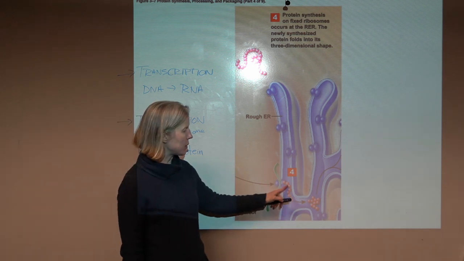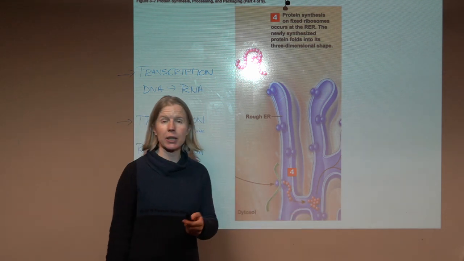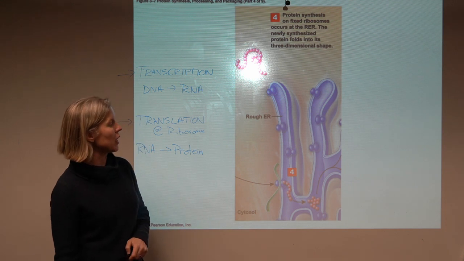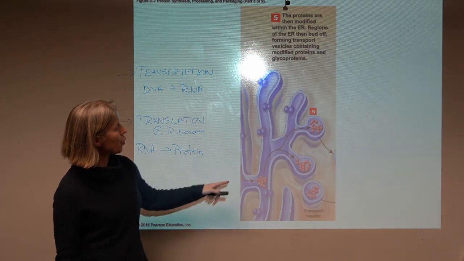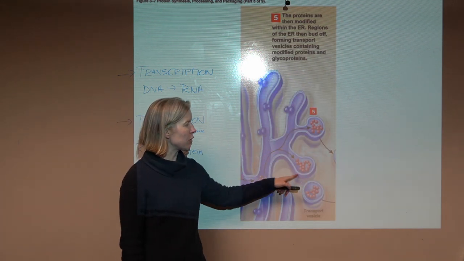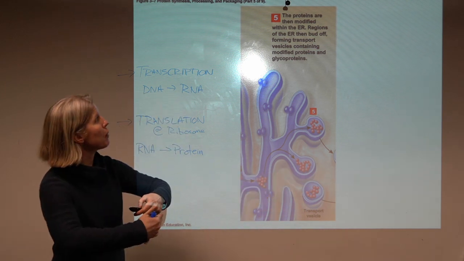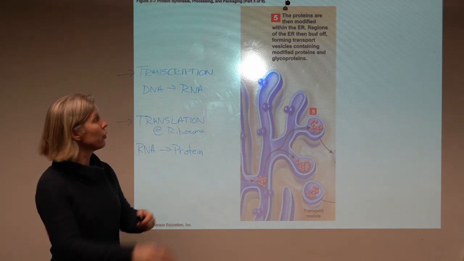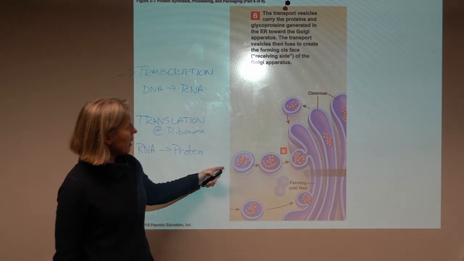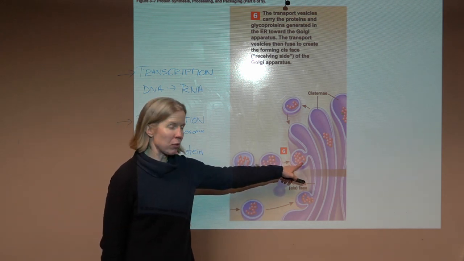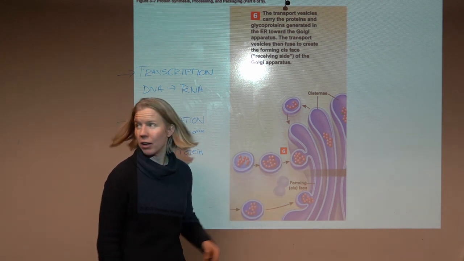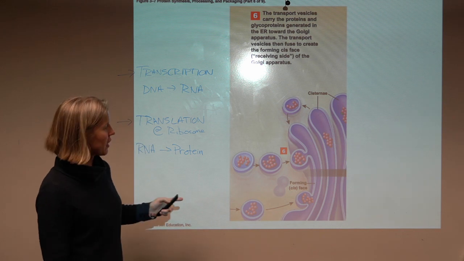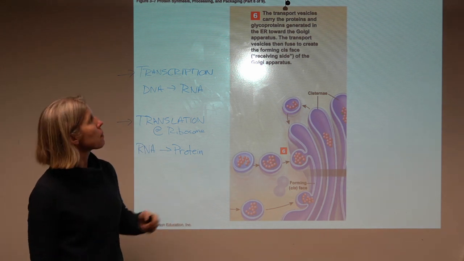Again, we see this polypeptide chain or protein being developed inside the endoplasmic reticulum, and it's going to move through the endoplasmic reticulum and be packaged into vesicles that then move over to the Golgi apparatus, right? So we see a little bit of endocytosis there into the Golgi apparatus.